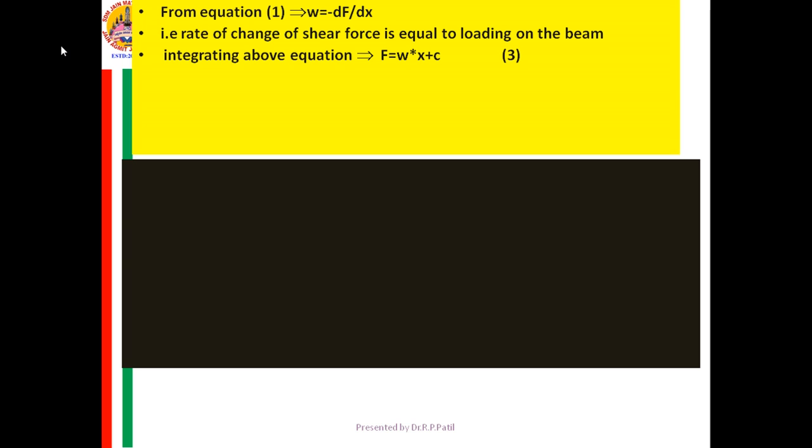If the load is constant, what are you going to get? How will the F be? Somewhere we can see on the beam the load is constant. Under it, how will the F be? That I want to study. Load is constant, means W is constant, say equal to A or B or something like that. Then what is F?